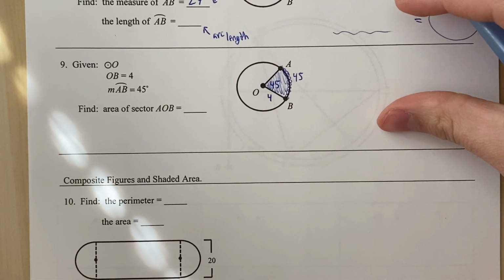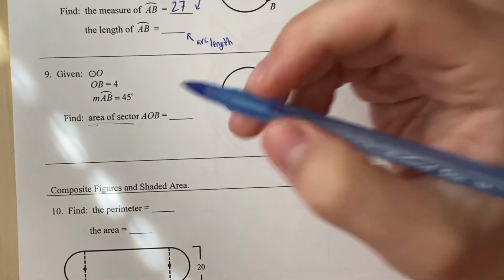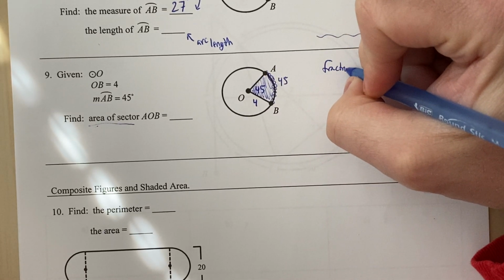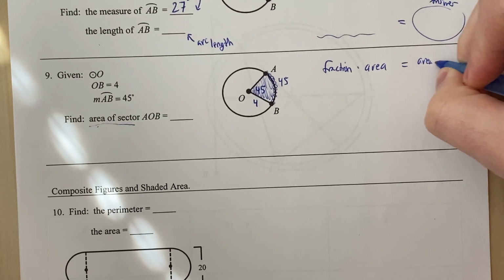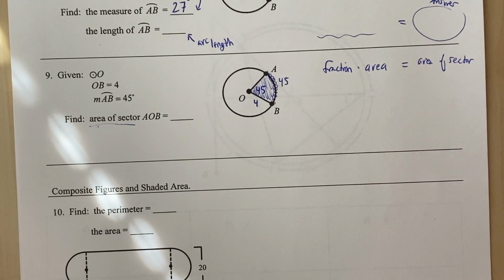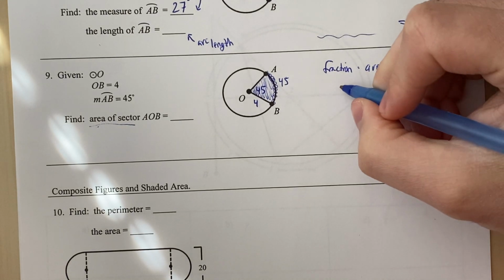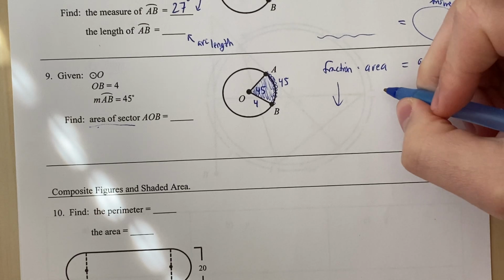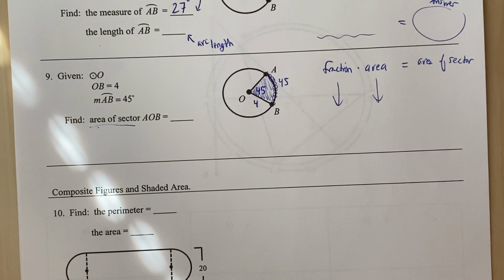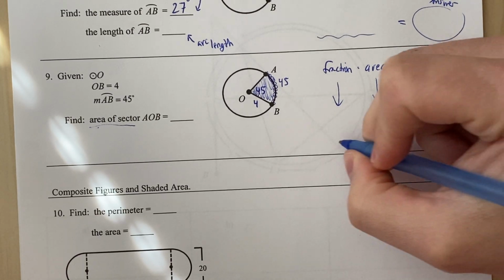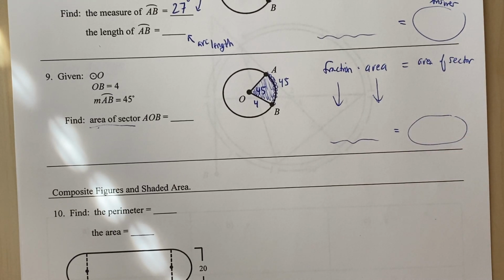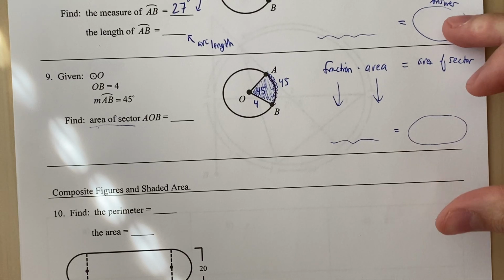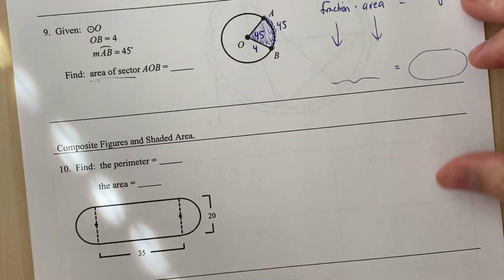So remember, area of sector is a fraction of the total area. Again, you have enough info for the fraction, you have the info for the area, and whatever this equals will be your answer. Again, any part of the notes would give you that. And there you go. Beautiful.